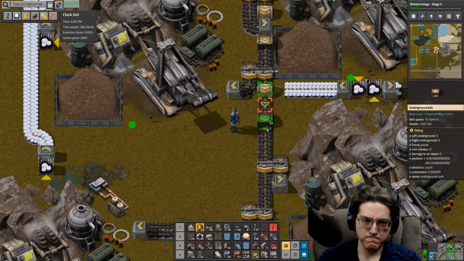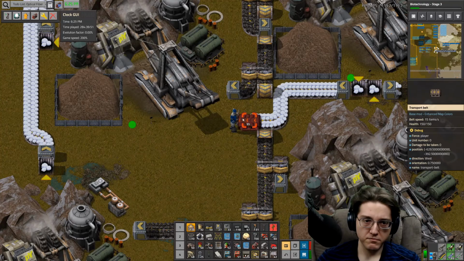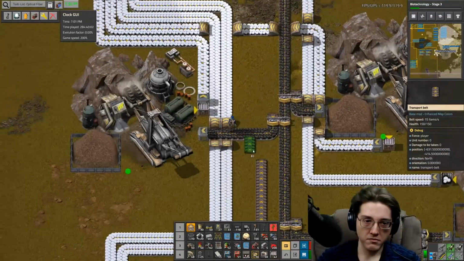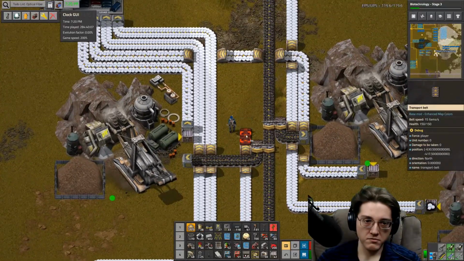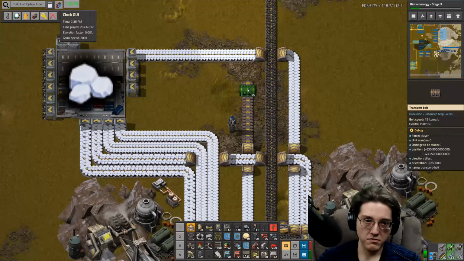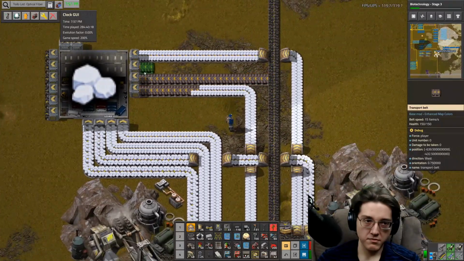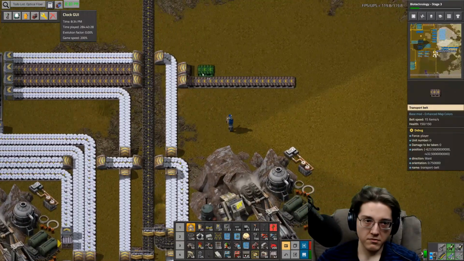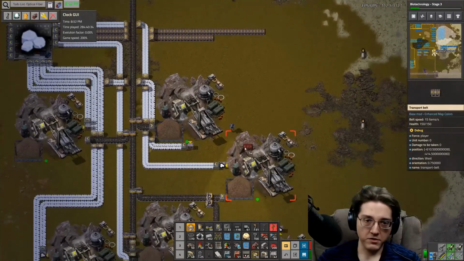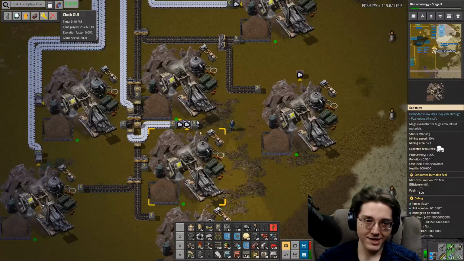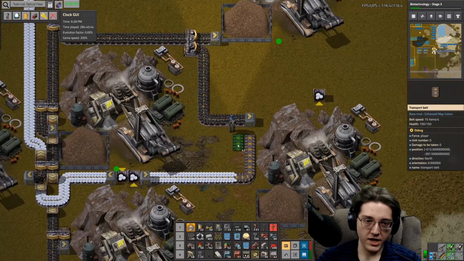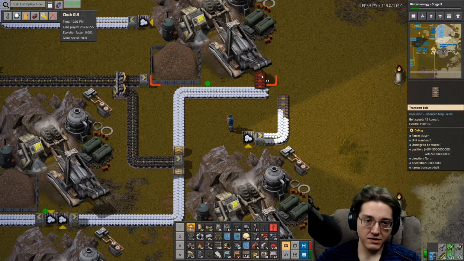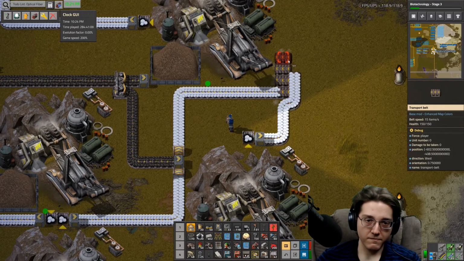So, this is gonna be... Hope you like dealing with belts. I like dealing with belts. I hope I have enough belt. I don't have enough belt. I really, truly do not have enough belt.